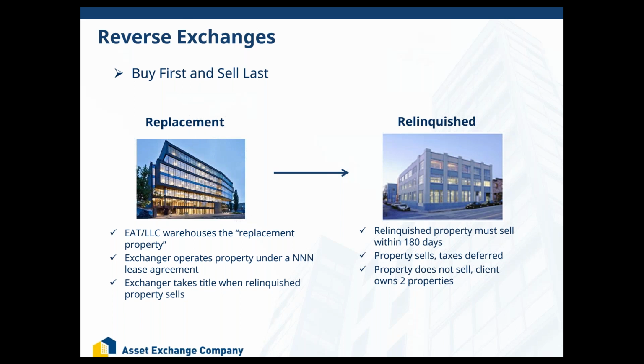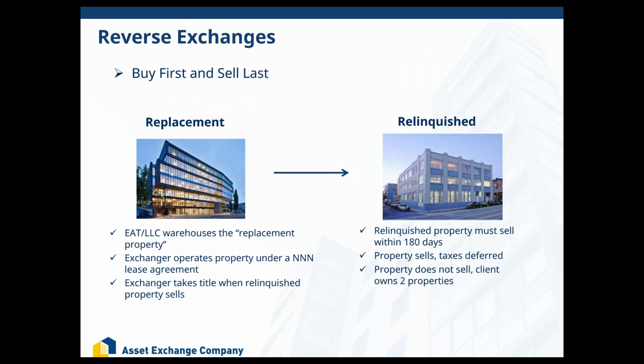Well, you can do this thing called the reverse exchange, where the way the reverse works is we actually come in and we form a separate company, all right? It's referred to as an exchange accommodating title holder, EAT for short. We come in and we purchase the replacement property before you sell your relinquished property, okay?